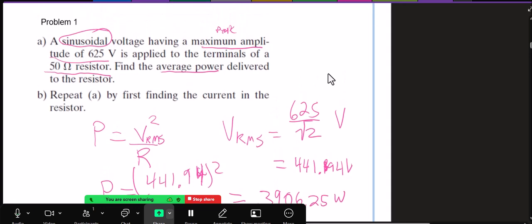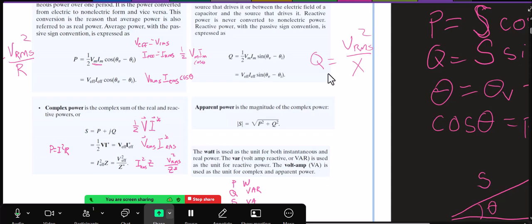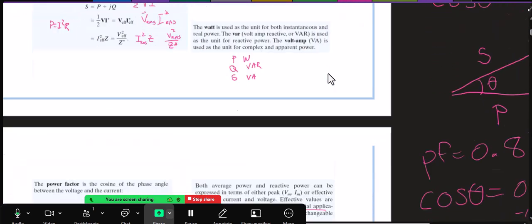I said average power. So the real power is V RMS squared over the resistance. The complex power is V RMS squared over Z conjugate.